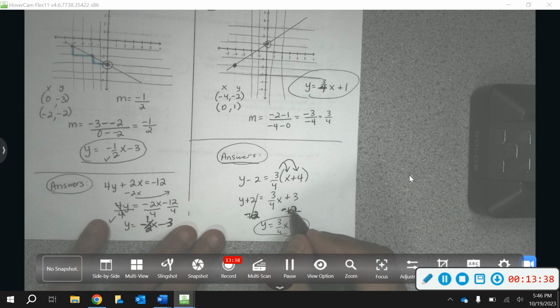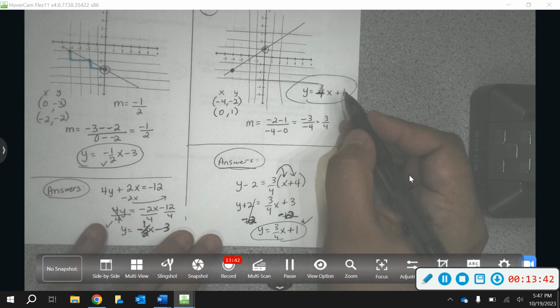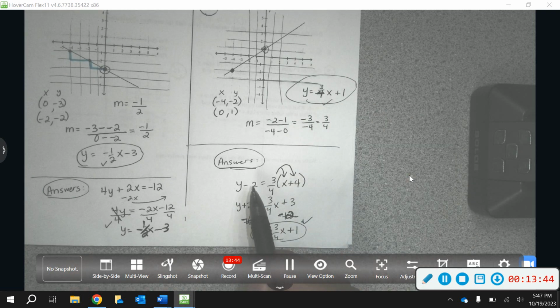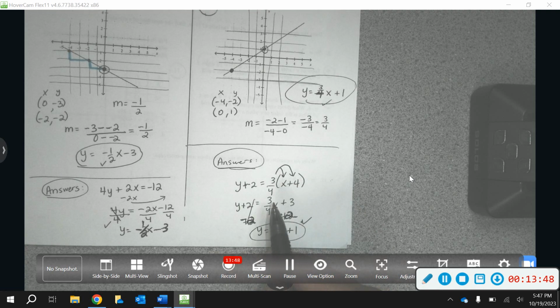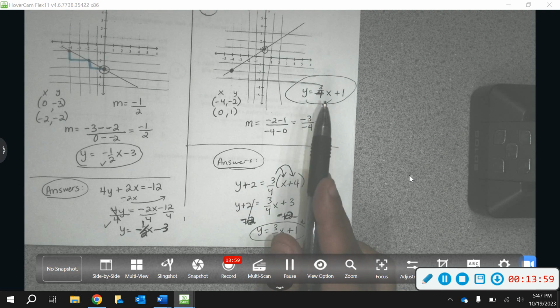Subtract 2, 3 minus 2 is a +1. Does this now equal this? Yes. So y plus 2 equal to 3/4 x plus 4 is my actual point slope form of this equation here.